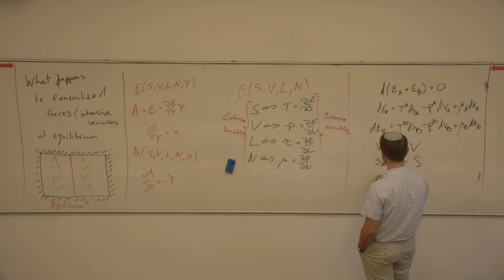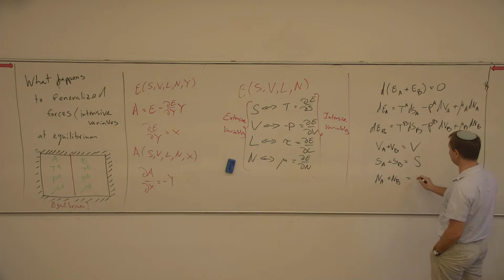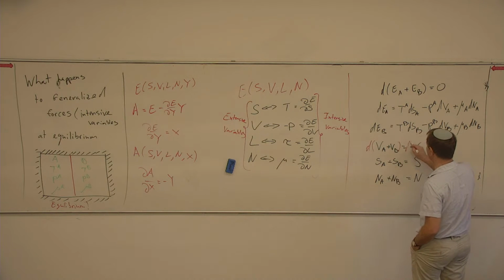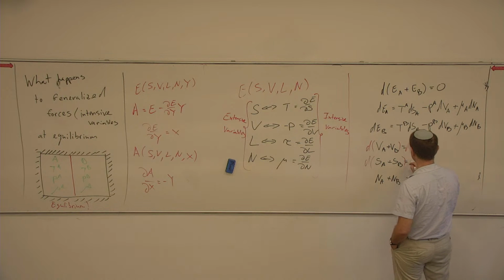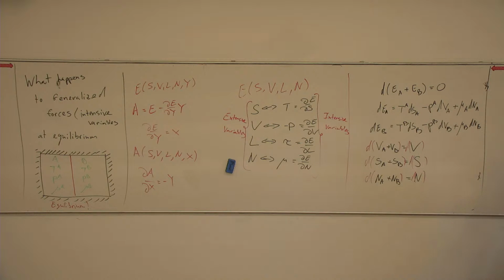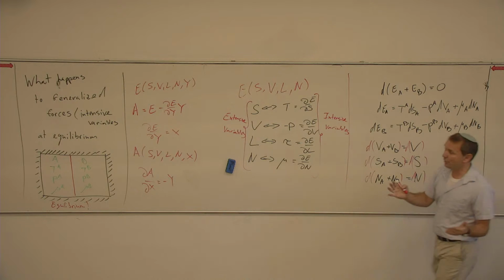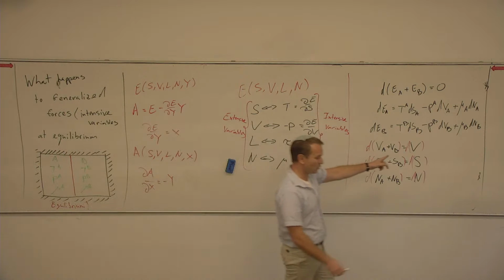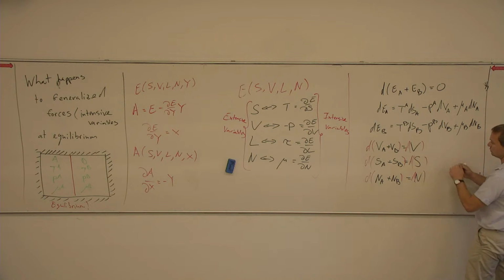N_A plus N_B equals the total number of particles in the system. Therefore, d of the left-hand side equals d of the right-hand side, but the system is not in contact with the outside world. So the differential of the total volume, entropy, and particle number is 0.